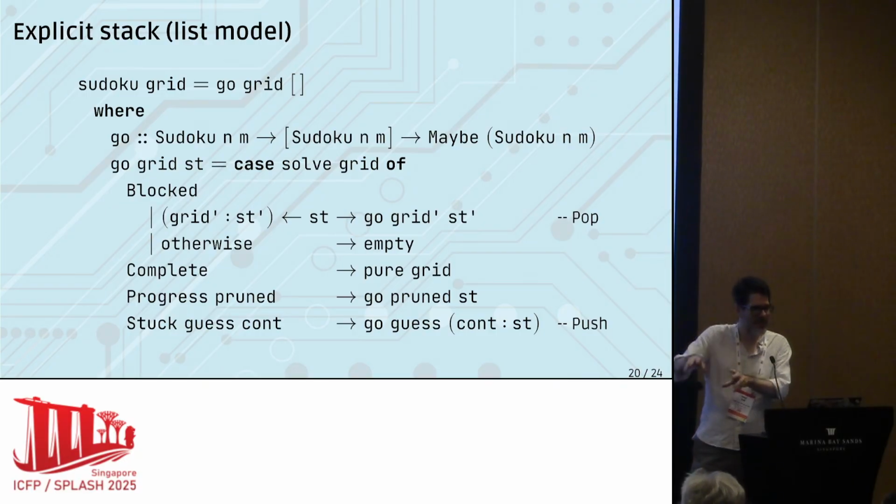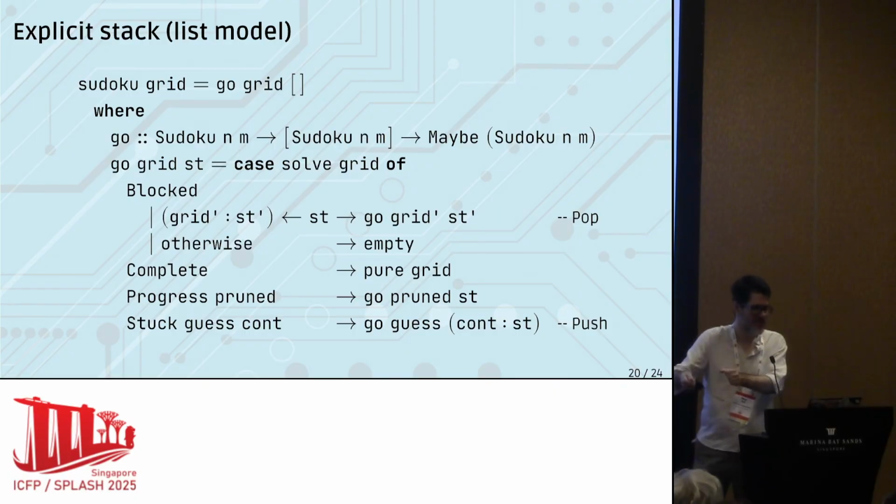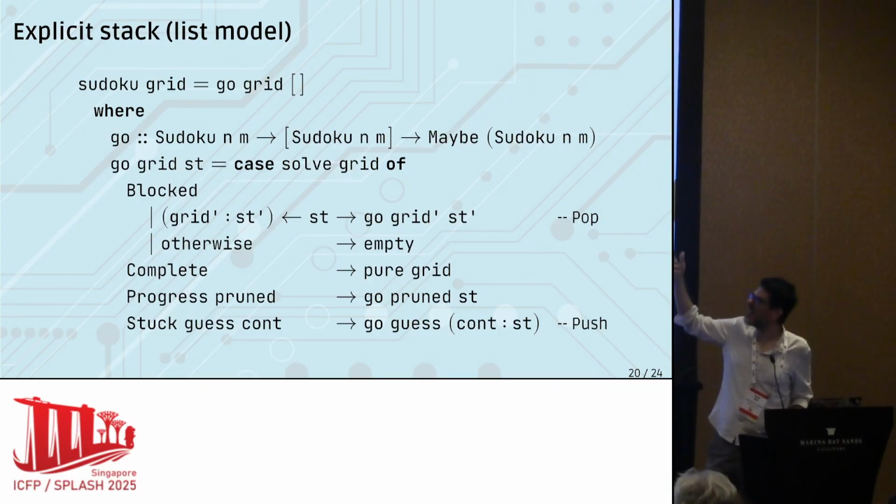When you guess and you branch two ways, the second one is the one you push on the stack, so that you can get back to it when you discover that you're blocked from further solving, because there's a conflict. And here you can see a model of this using a Haskell list as the stack.